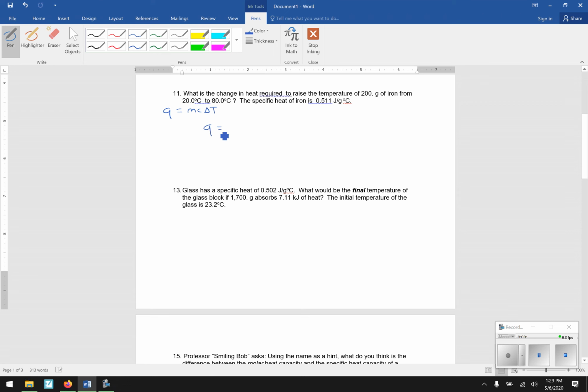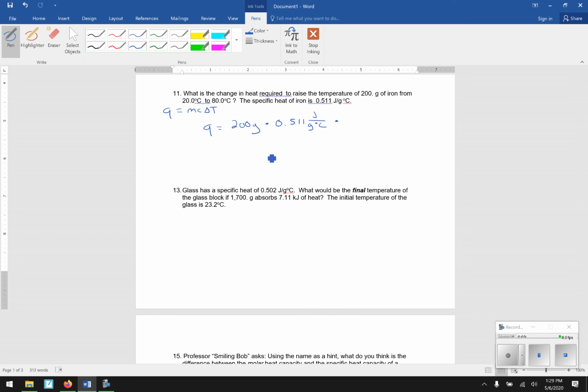So Q equals the mass, which is 200 grams, times C, which is the specific heat, 0.511 joules per gram degree Celsius, times the change in temperature. And this is final temperature minus initial temperature.